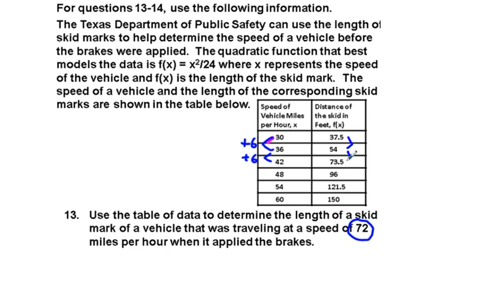We're going to go to, as usual, first differences and second differences. Let's just try to make the ones that are easier. So 96 minus 73.5, that's going to be 22.5, is that right?